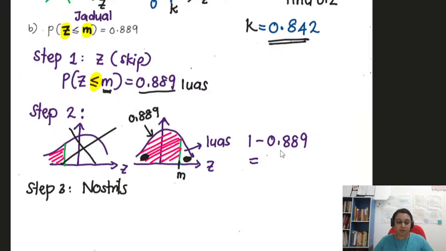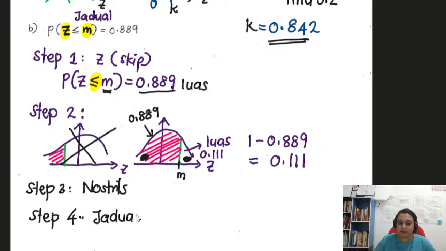So 1 minus 0.889, I get 0.111. 0.111 lah yang kita kena cari daripada jadual. From the jadual, table. So go to the jadual, cari 0.111.